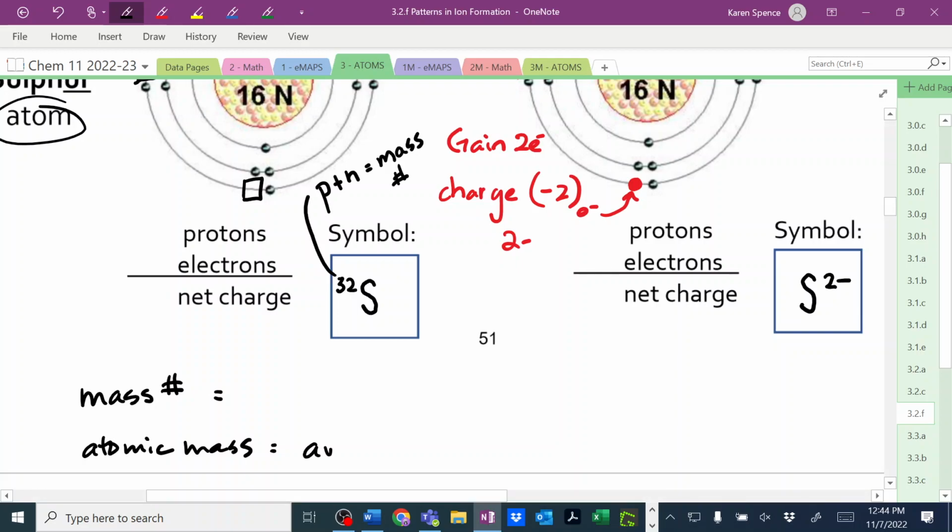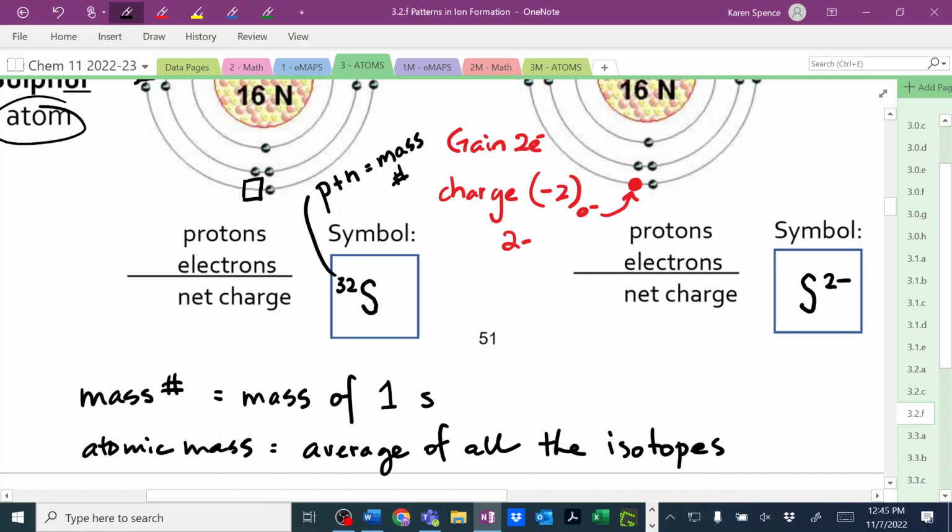Atomic mass is the average of all the isotopes, whereas the mass number is the mass of one specific isotope. And of course, that's the protons plus the neutrons.